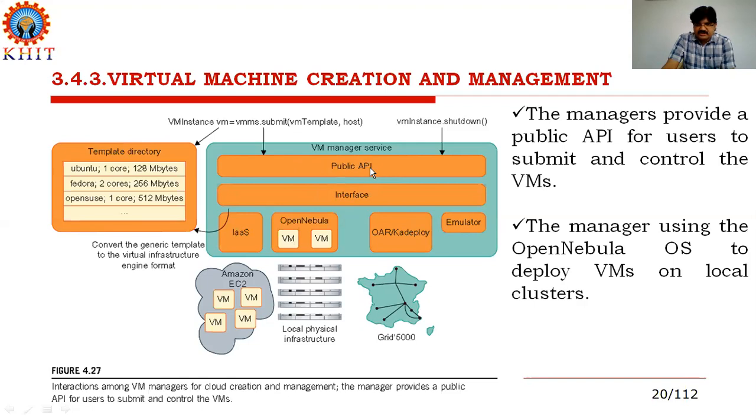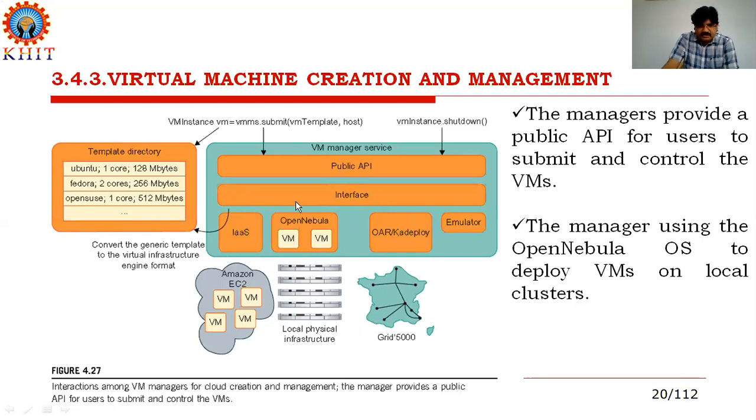The virtual machine manager is using OpenNebula. This is one of the operating systems which can be used to deploy multiple virtual machines on a local cluster. The manager also uses other infrastructure as a service for providing services to the end users.